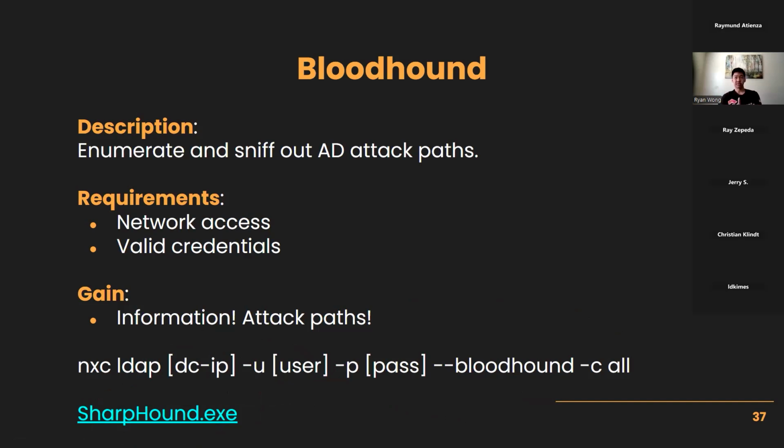This is especially different now because SharpHound is enumerating more features like ADCS vulnerabilities, rather than netexec, which just does ACL abuses. So just something to keep in mind: if you don't have a direct connection to a machine, netexec would be the best bet. If you do have a direct session on a machine, SharpHound would probably be better.